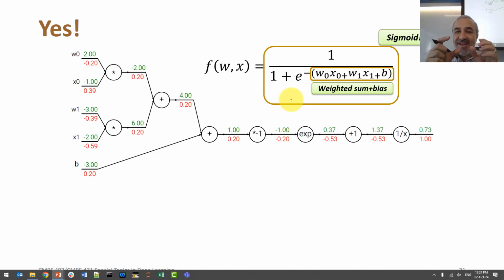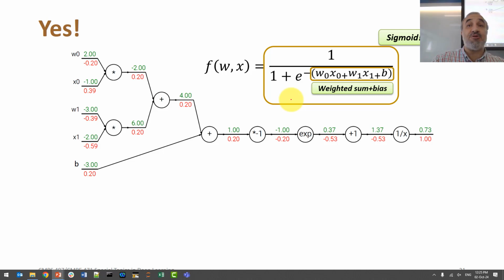Okay, so this is like the equation of one node, right? Getting the input and doing the weighted sum and bias and applying the activation function. This is one node, and of course we can do that systematically.